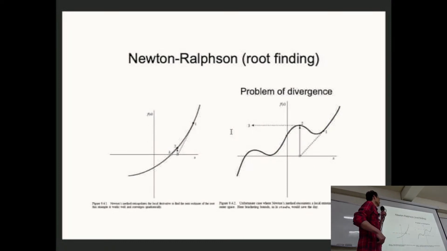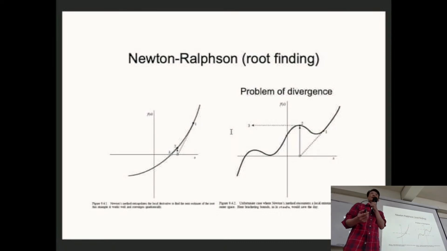There are some cases where the Newton-Raphson method does not work. It's called a pattern of divergence. If f of x is complicated, then by chance you might encounter this situation. The first tangent comes here, and then for the next iteration the tangent is horizontal, and you cannot find where the tangent intersects with this line, and therefore it's divergent.